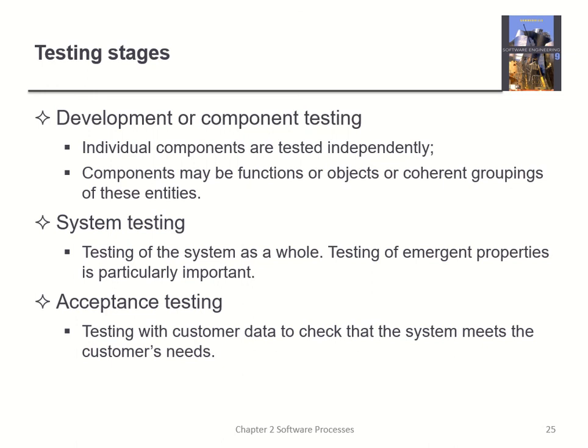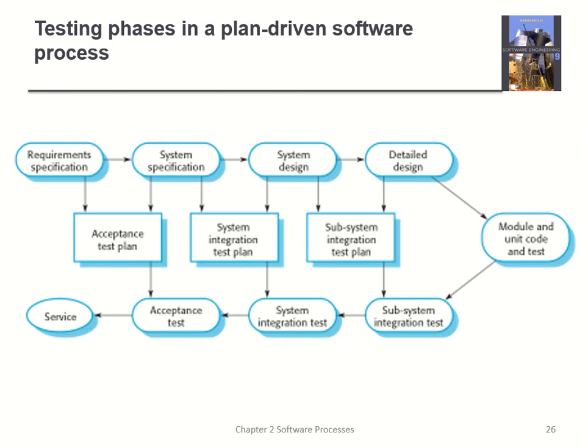So, testing of emergent properties is particularly important. And then we have acceptance testing. Kani siya nga testing, this is intended for your end users. No testing with customer data to check that the system meets their needs. So these are the stages and steps of testing phases in plan-driven software process.